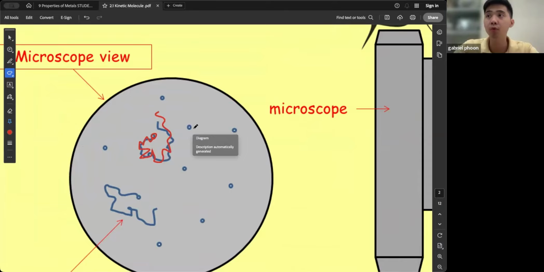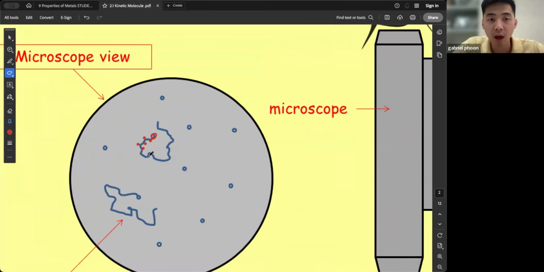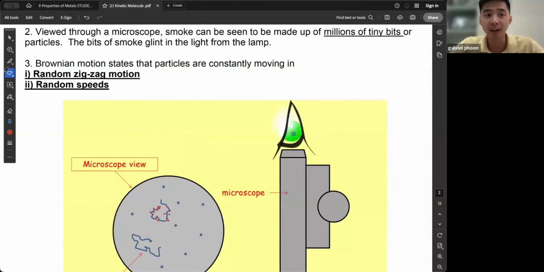Why does it move in random zigzag motion? Because even before it collides against the wall, maybe it will collide with some other dust particle, another dust particle, another dust particle. And every time it collides with other dust particles, it will change direction. This motion is what we call random zigzag motions, and they will all move at random speeds.